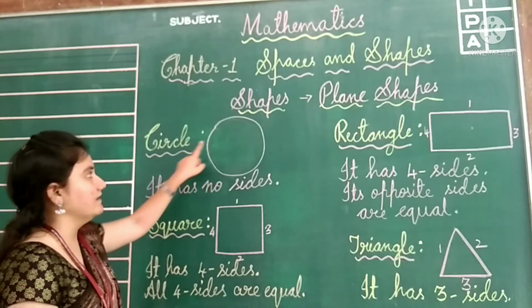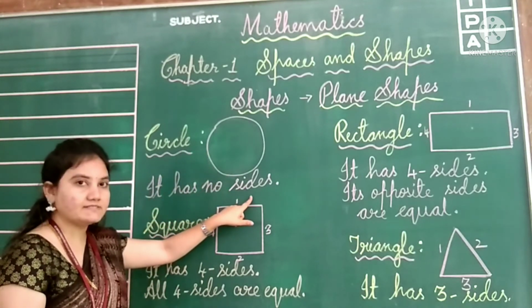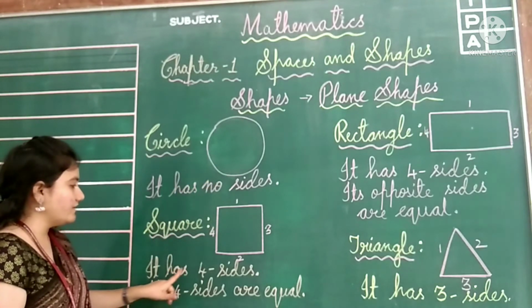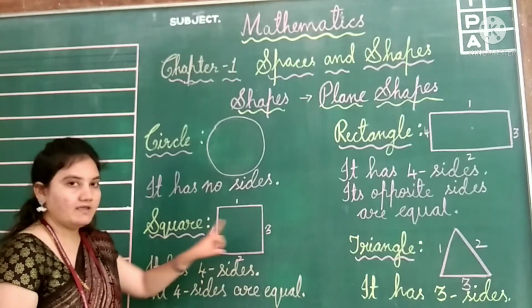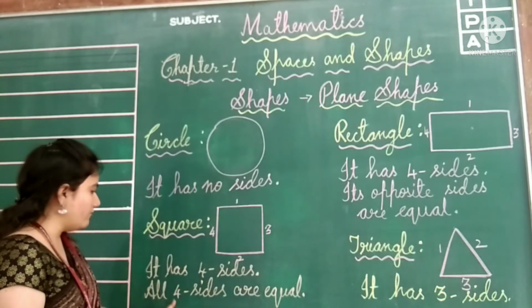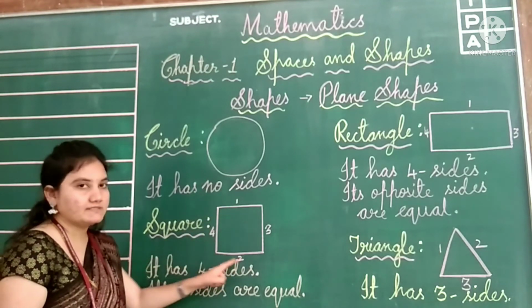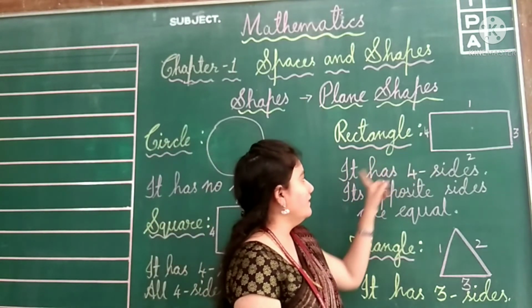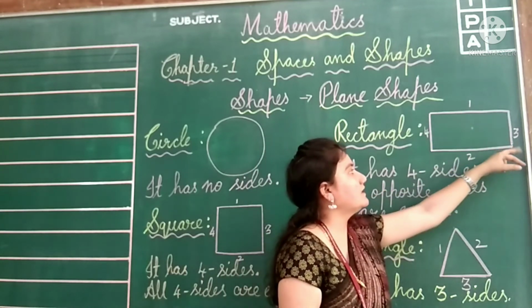See, circle. It has no sides. Square. Rectangle. It has 4 sides. See here, 1, 2, 3, 4.